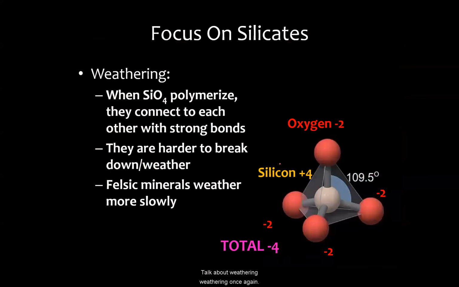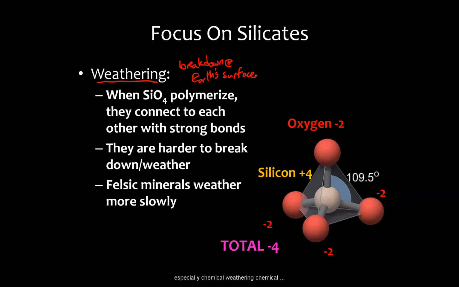Let's talk about weathering. Weathering, once again, is breakdown at Earth's surface. Often it's due to the action of wind or water, especially. Water does a lot of weathering at Earth's surface, especially chemical weathering, chemical breakdown of minerals. So when these silicate tetrahedra polymerize, connect to one another, they do so with strong covalent bonds that we draw as sticks.